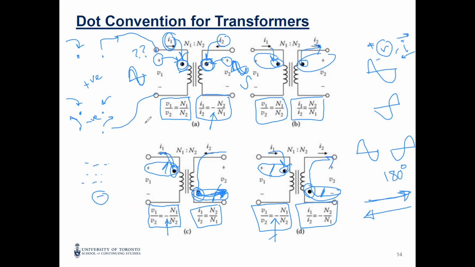If you have the dot convention and you have a confusion, or you reverse the dot convention, you will have a negative sign. For example, if you have a load here, and we expect the current is going in this direction, and this is the load.